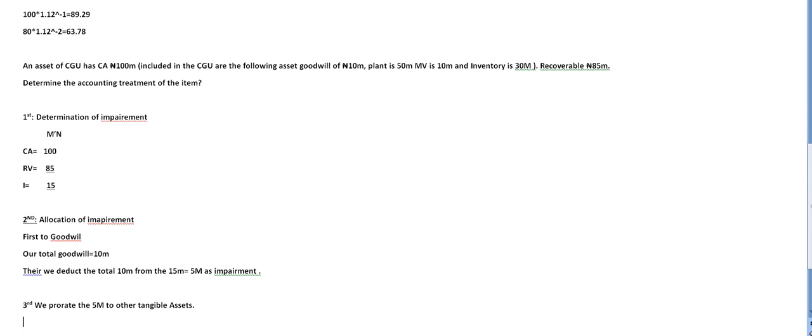You are not going to consider inventory of 30 million. The other tangible assets that we have remaining are plant and motor vehicle. So the first thing to do is to find the total of the tangible assets. Are we still together?